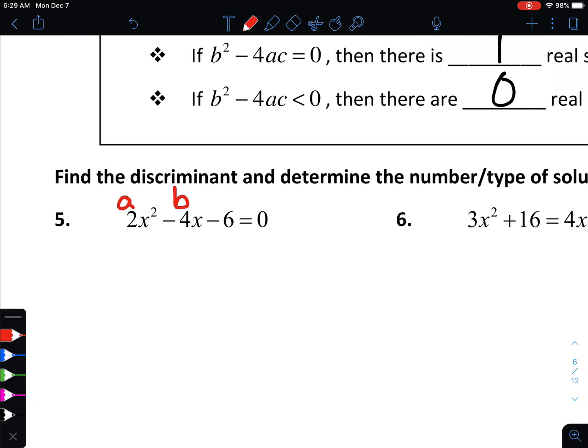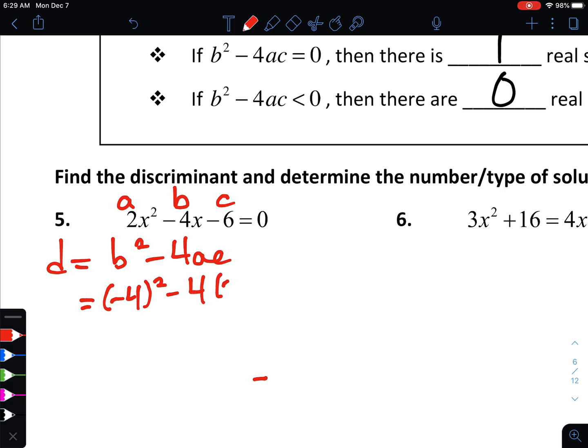So a is 2, b is negative 4, and c is negative 6. So our discriminant, remember, the formula for that is b squared minus 4ac. Again, that's just what goes underneath the radical when you are in the quadratic formula. Okay, so plugging those numbers in, b squared is negative 4 squared, minus 4 multiplied by a, which is 2, multiplied by c, which is negative 6.